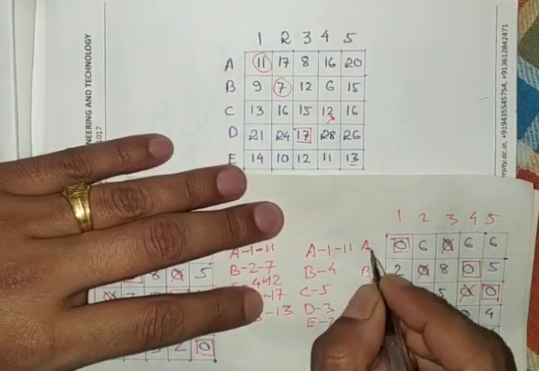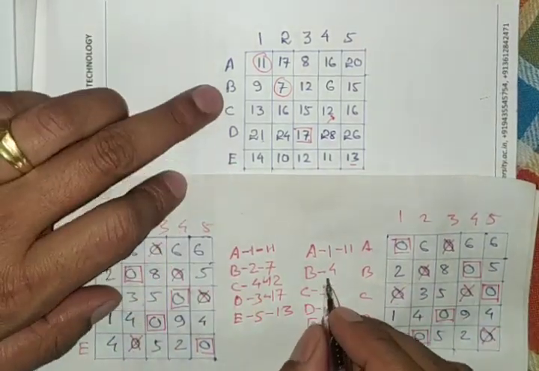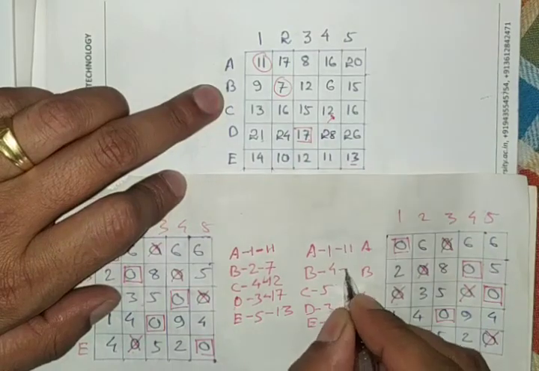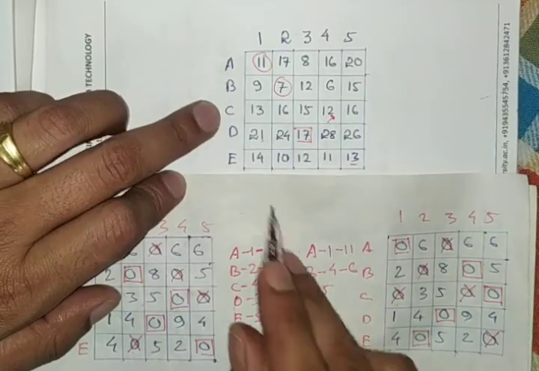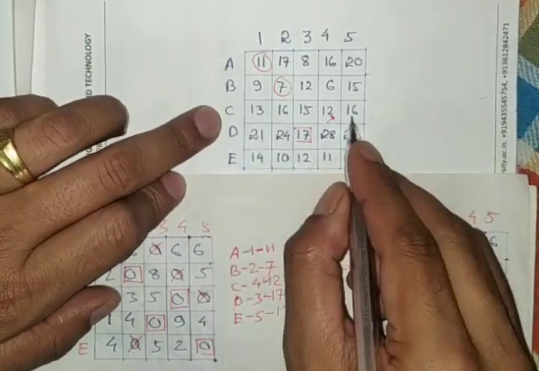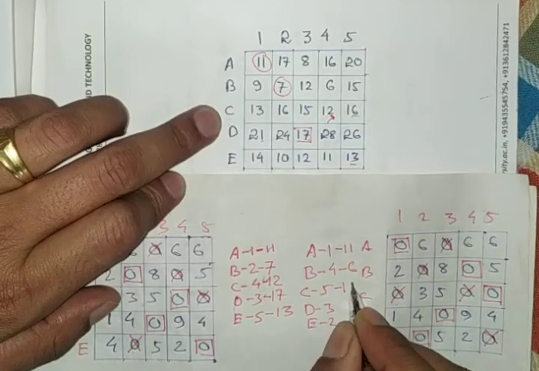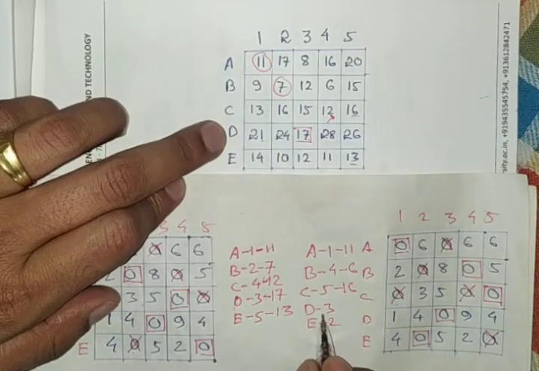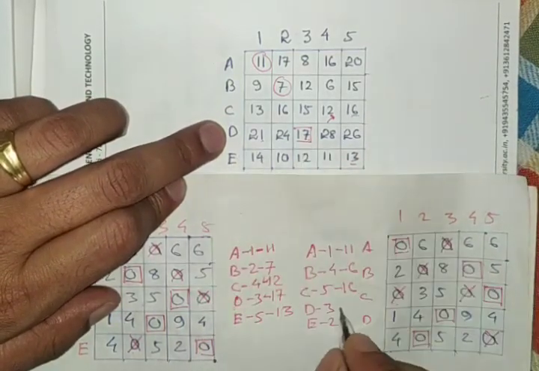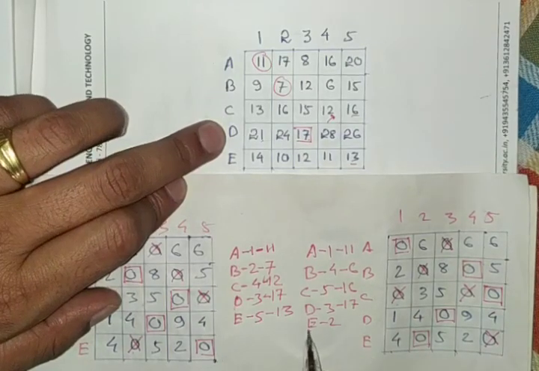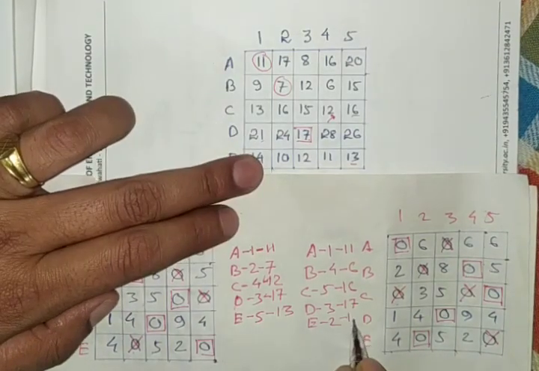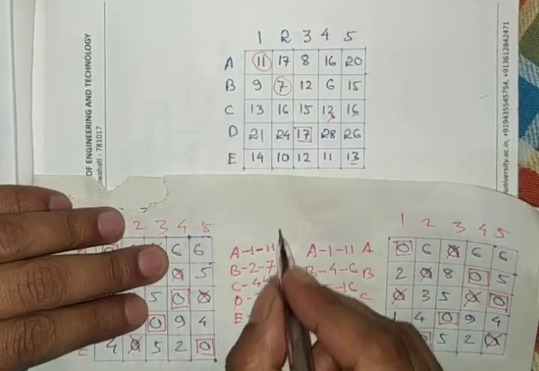This is 11. B4, it is 6. C5 is 16. D3 is 17. E2 is 10. So let's add.